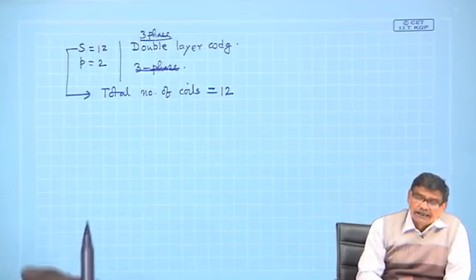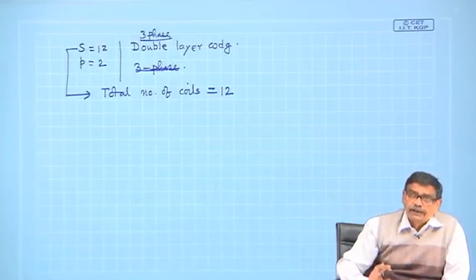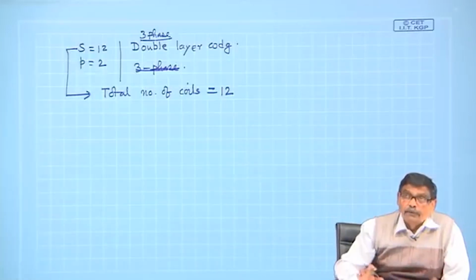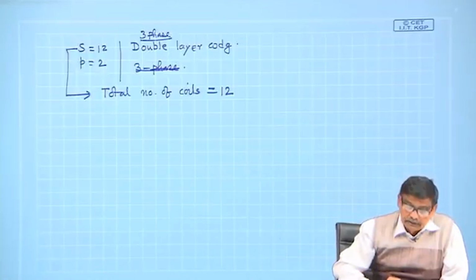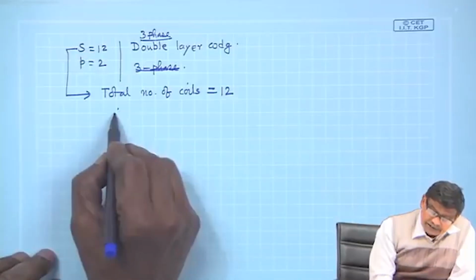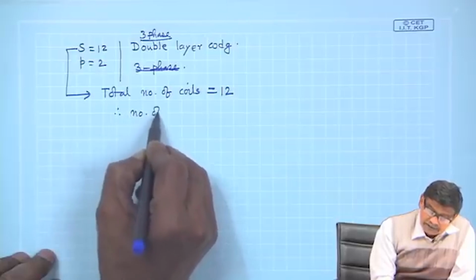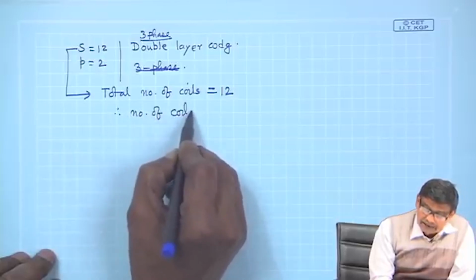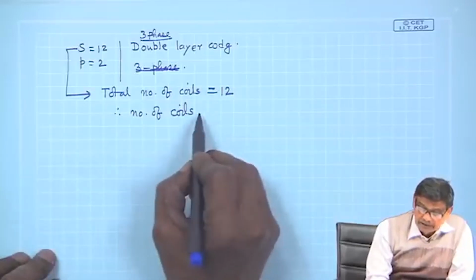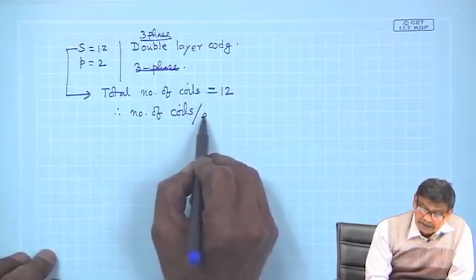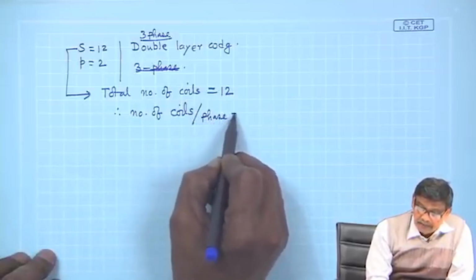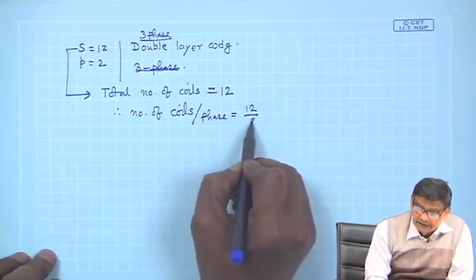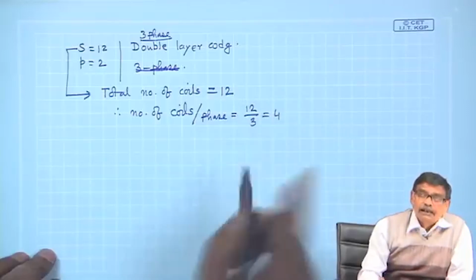3-phase winding you are making, there will be R phase, Y phase, B phase, that is fine, but the total number of coils will be 12. Therefore, it is to be a balanced 3 phase winding. Number of coils per phase must be 12 by 3, that is 4. These are very simple calculations.